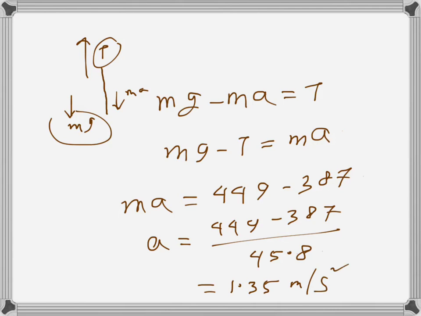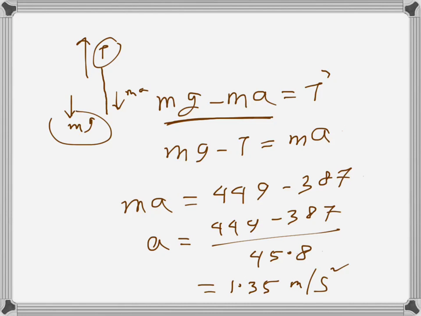So if the acceleration is less than that, because if a is less, then the difference between mg and ma will be more, and then the tension on the rope will be more. So the acceleration has to be that much at least, so that the difference does not exceed T. If the acceleration was more, let's say 1.4, if we take a round figure, then the rope will not snap.